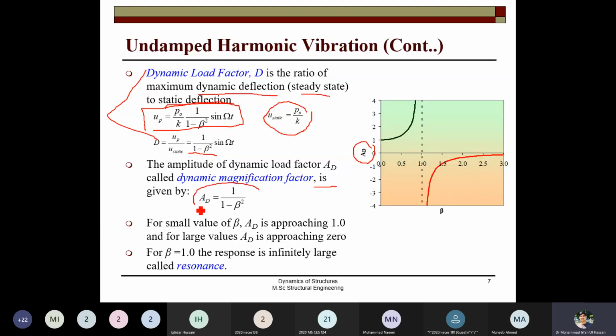This is equal to 1 over 1 minus beta square. So this is called the dynamic magnification factor. This plays a key role in deciding the amplitude of the vibration.